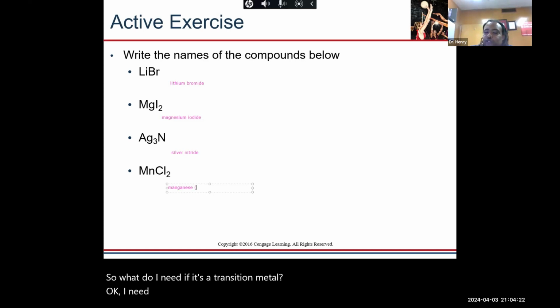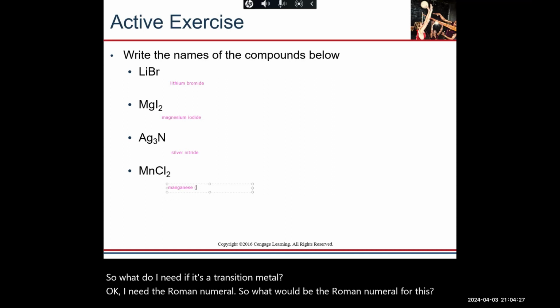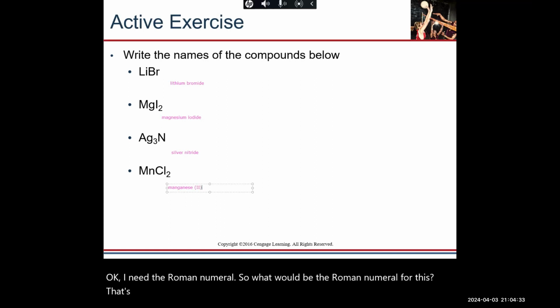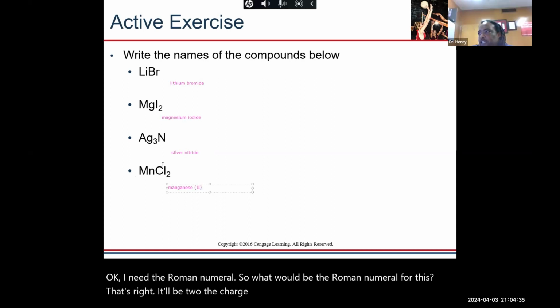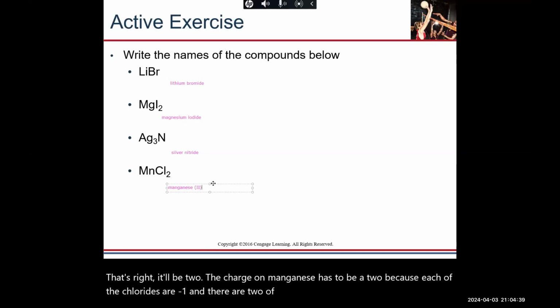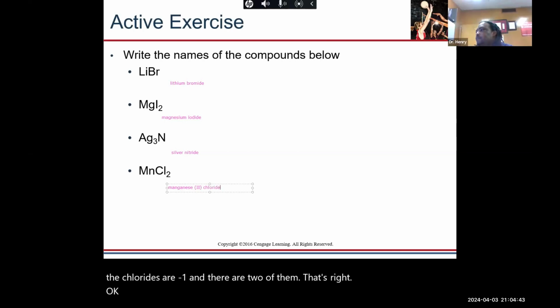So what would be the Roman numeral for this? 2. That's right, it'll be 2. The charge on manganese has to be a 2 because each of the chlorides is -1, and there are 2 of them. That's right. Okay.